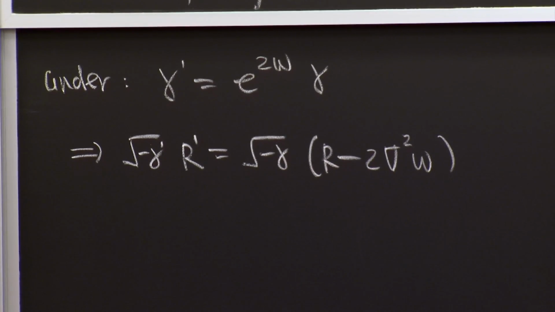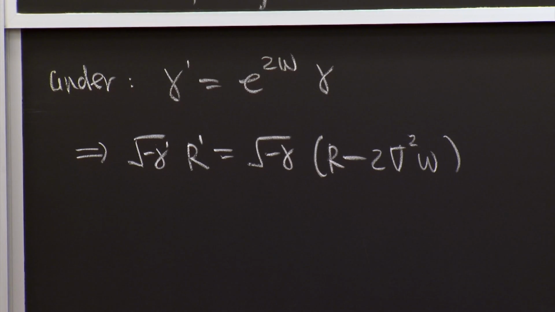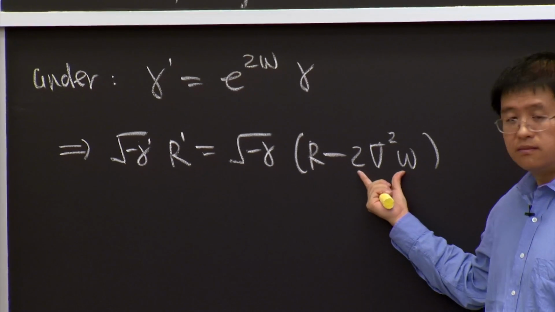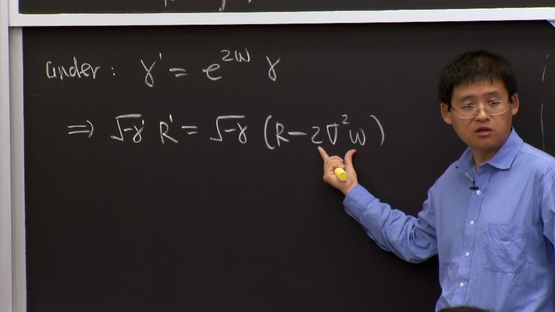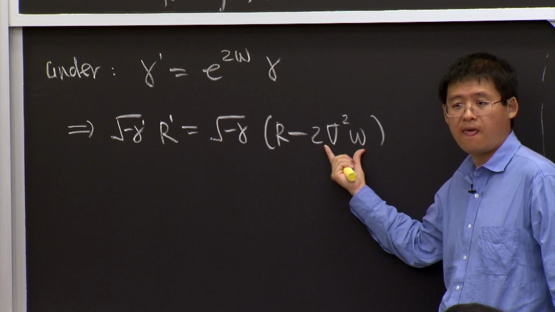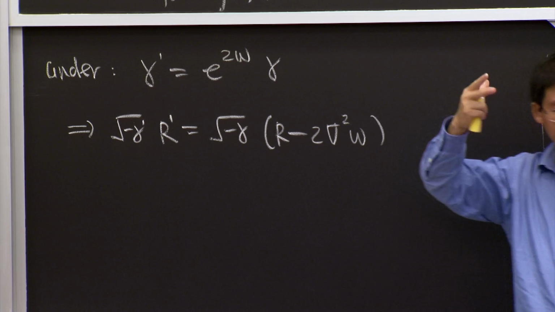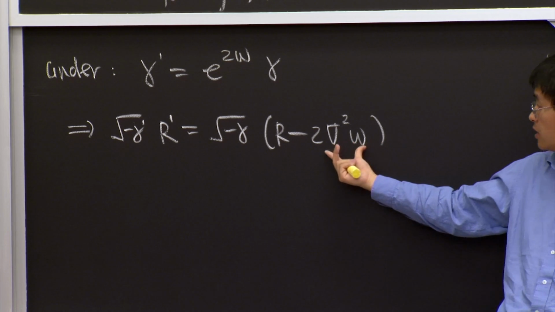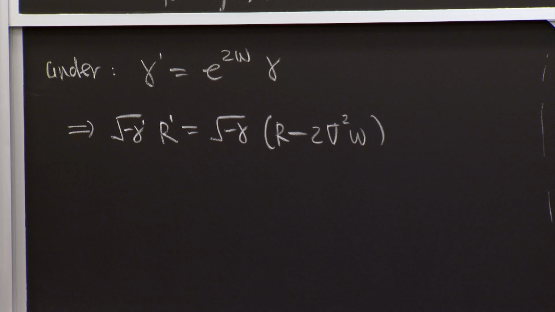This is a formula which you can check yourself; I will just directly write it down. Then you get one more term, but this term is a total derivative. If you impose the right boundary conditions, or if you consider a compact worldsheet, then this term automatically vanishes, and then this is invariant.